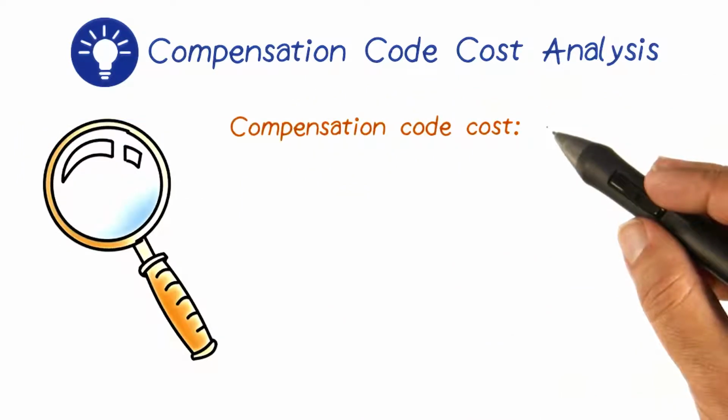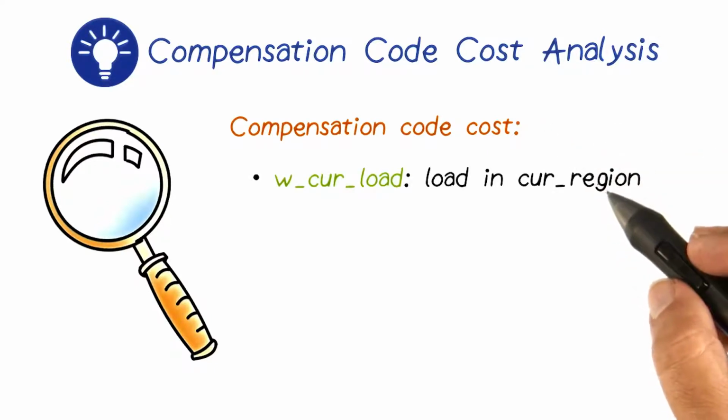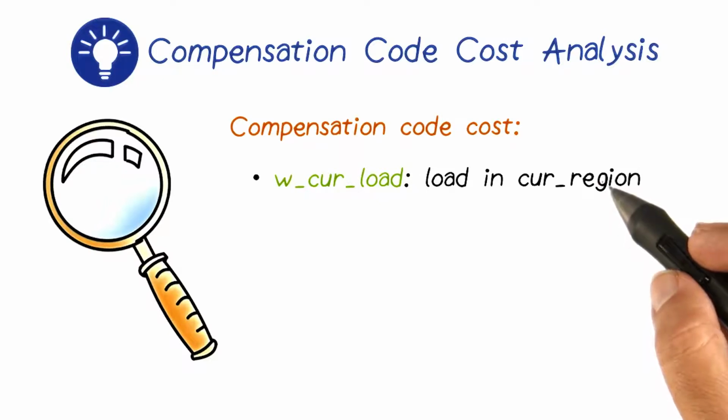After computing the largest compensation-code-free region, our next goal is to find out the compensation code costs at the boundaries of such a region. We calculate this cost in terms of the load stores that we need to place.